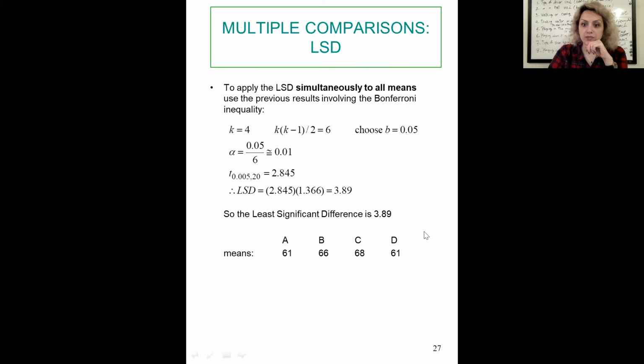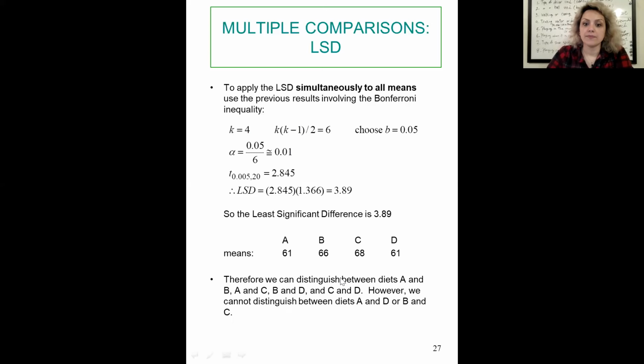Now let's look at the means for the different diets that we had: 61, 66, 68, and 61. You can subtract them, and after you do it, you can pause the video and do that by yourself and then compare it with the LSD number.